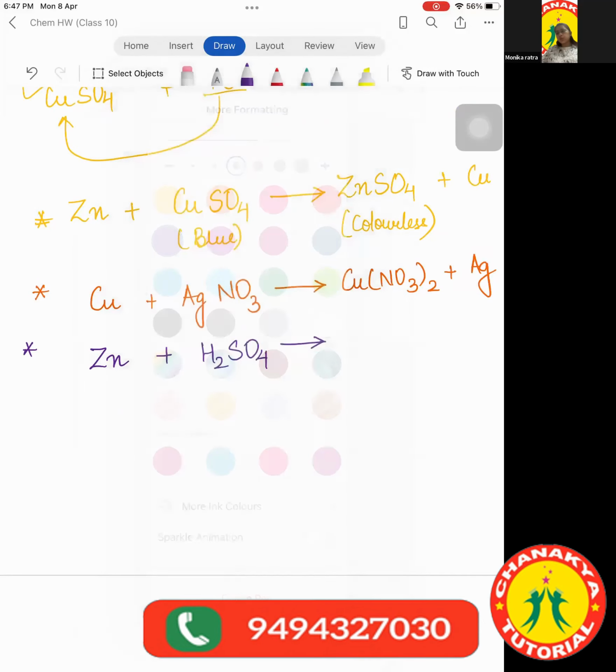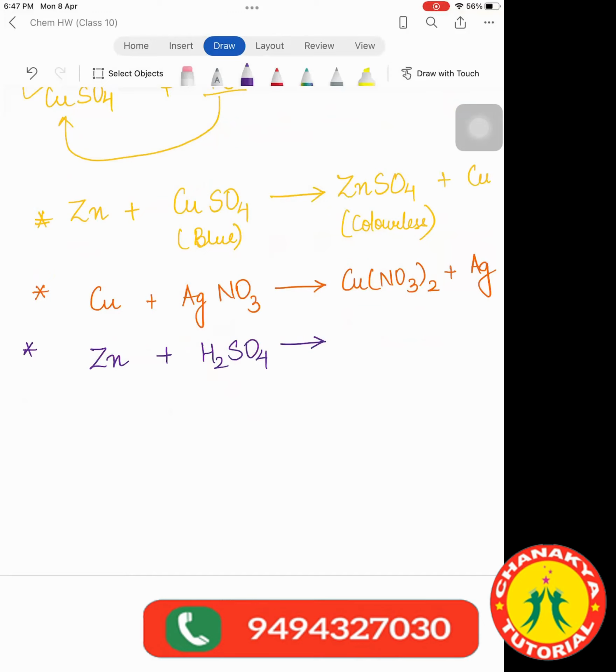Abhinav, what do you think, will the reaction occur? Yes, ma'am. Zinc sulfate plus hydrogen. Very good. This reaction will take place because zinc is more reactive than hydrogen. It is going to take the place of hydrogen.